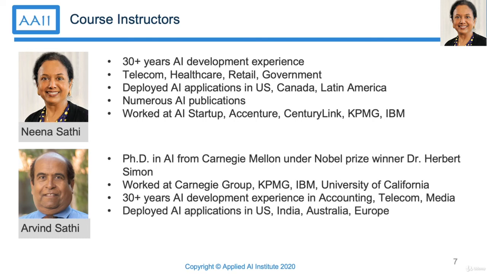I have traveled globally and deployed AI applications in US, India, Australia, and Europe. I have published 4 books in AI and analytics related topics, which are available through Amazon. I teach AI courses at graduate level at University of California, Irvine, and have 3 patents.